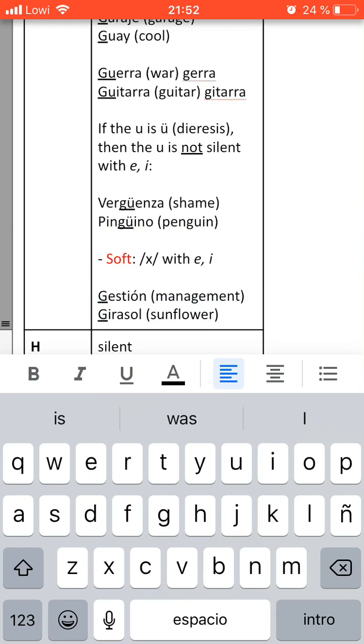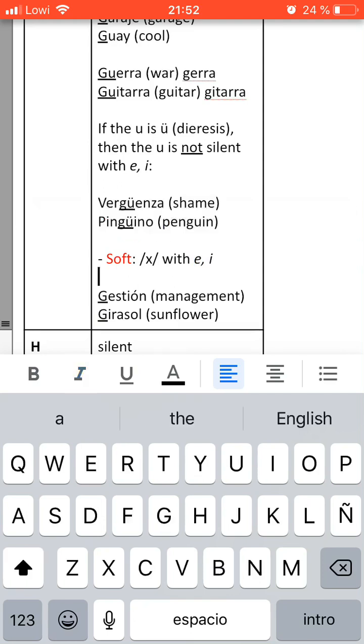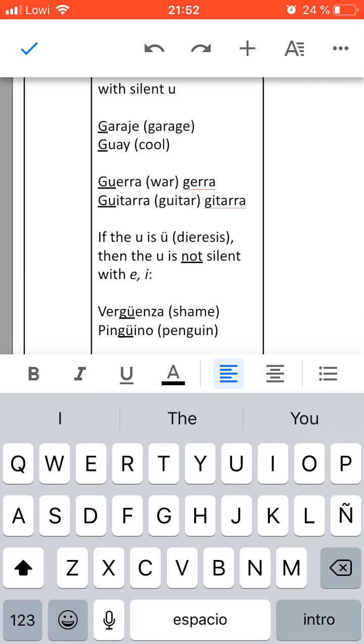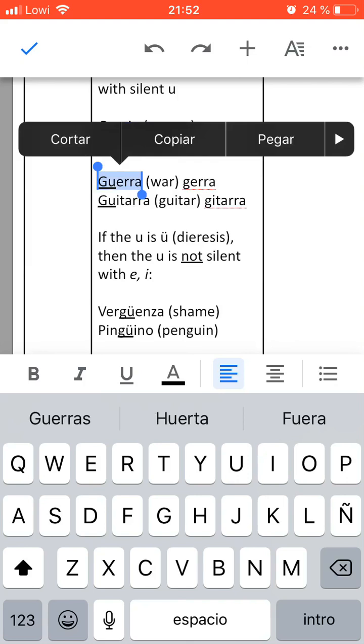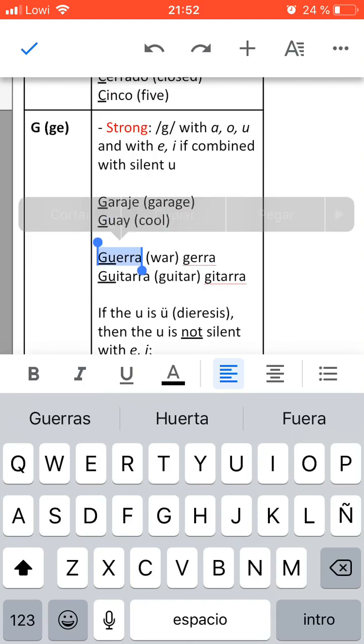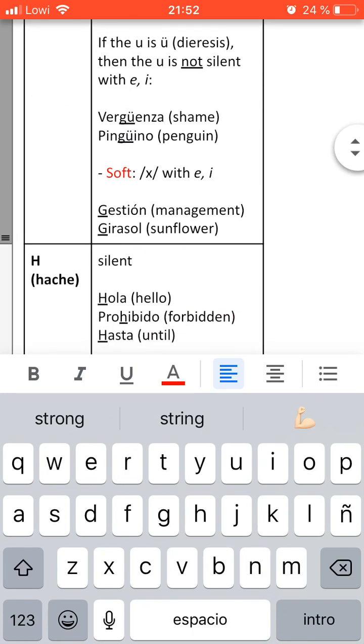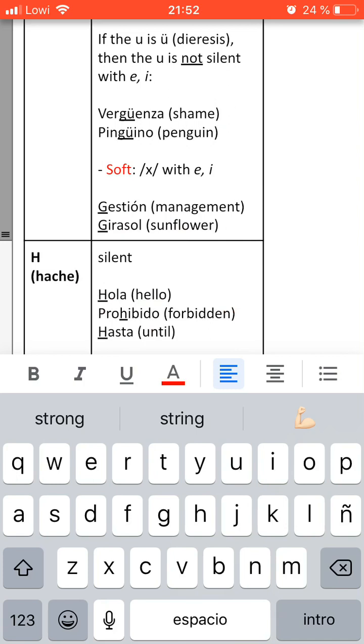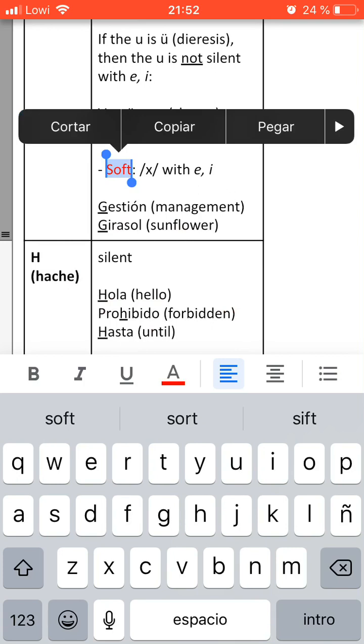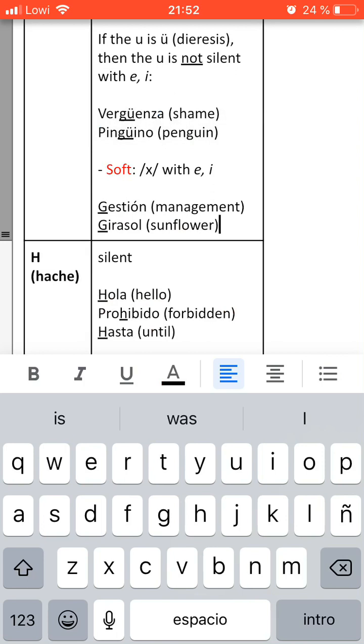If there was a U in the middle of the G and these 2 vowels, we will have a case of silent U, as we pointed out before, resulting in a strong G, okay? But if there is no U, then we interpret that it's a soft G sound, aspiration, H.